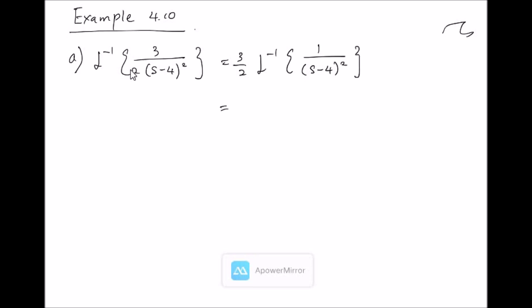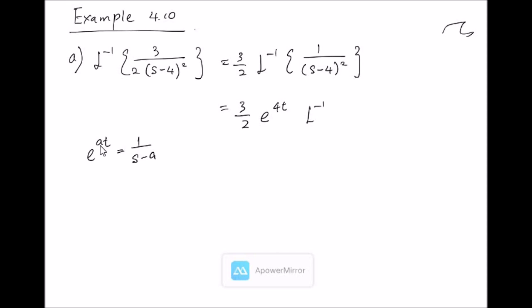So, s minus 4, where is this? If you check the Laplace transform table, e to the power of at is equal to 1 over s minus a. So if you compare with s minus 4, this means a is equal to 4. So this is equivalent to e to the power of 4t.